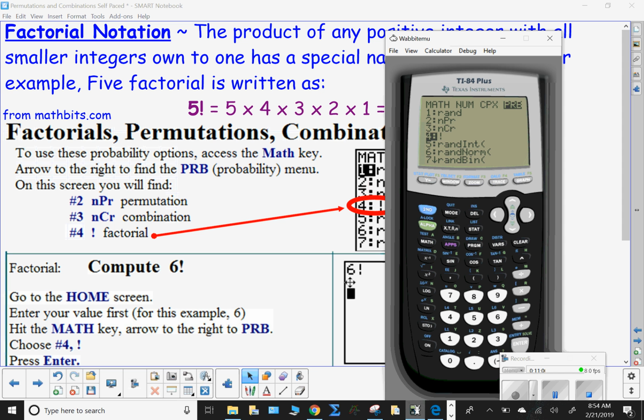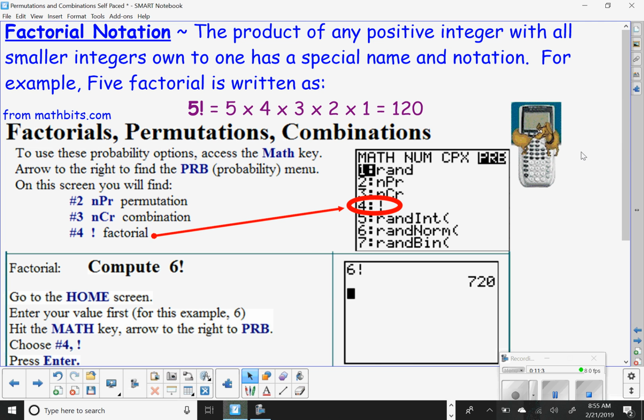If I want 6 factorial, I need to first type in the 6, then go to math. And by the way, you can click right 3 times, you can go backwards once, and go down to factorial, hit it, and hit enter, and it will give you your answer. Okay, so again, that's math, probability, and then number 4 is where you're going.